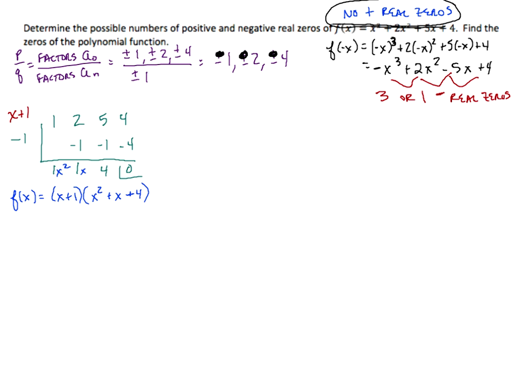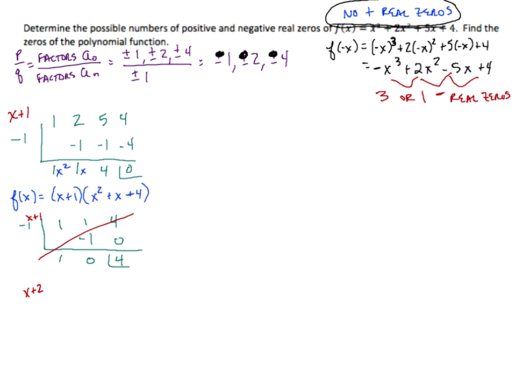I need to try it until it fails, so I need to give negative 1 another try. I use my new coefficients because I've already pulled a factor out, so 1, 1, 4. Combine down, multiply, combine down, multiply, combine down, fails. So I'm ready to move on to x plus 2.